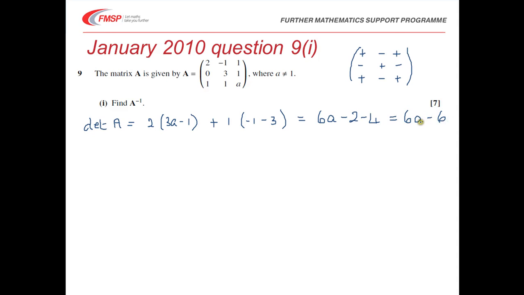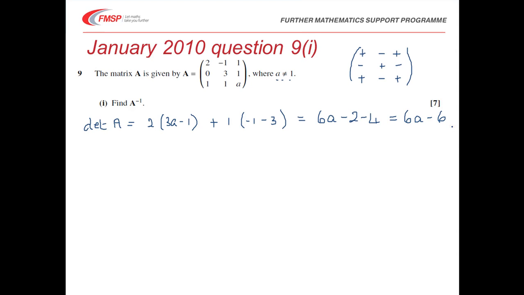So that is the determinant. Notice why a cannot be equal to 1, because of course if a was equal to 1, then our determinant would be 0.